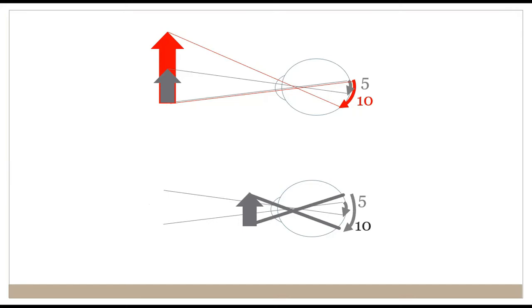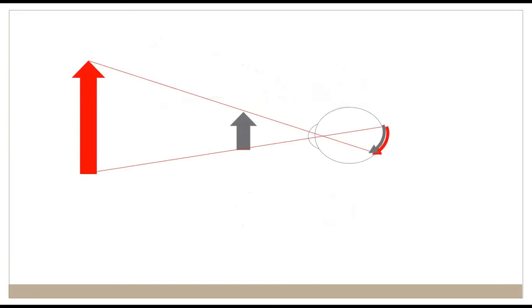So as you can see here, the retinal image now stimulates a larger number of photoreceptors, let's say 10. So we will get a larger perceived image. So the second factor that will affect the perceived image is the location of the object from the eye. And of course, the closer the object to the eye, the larger the image will be formed.